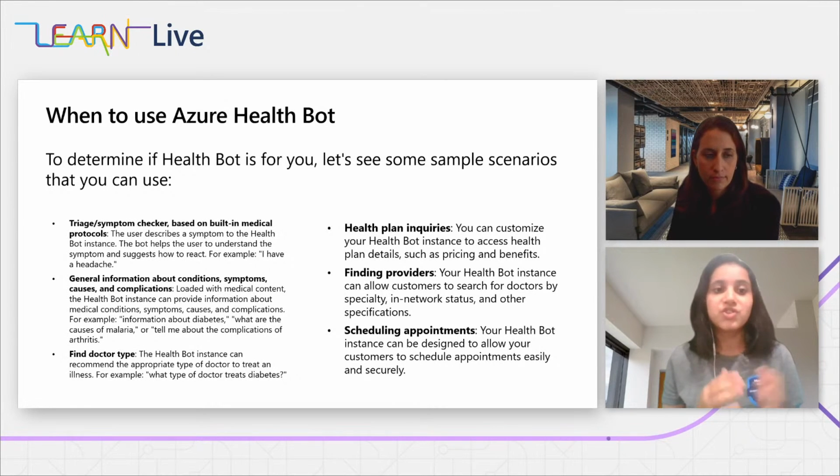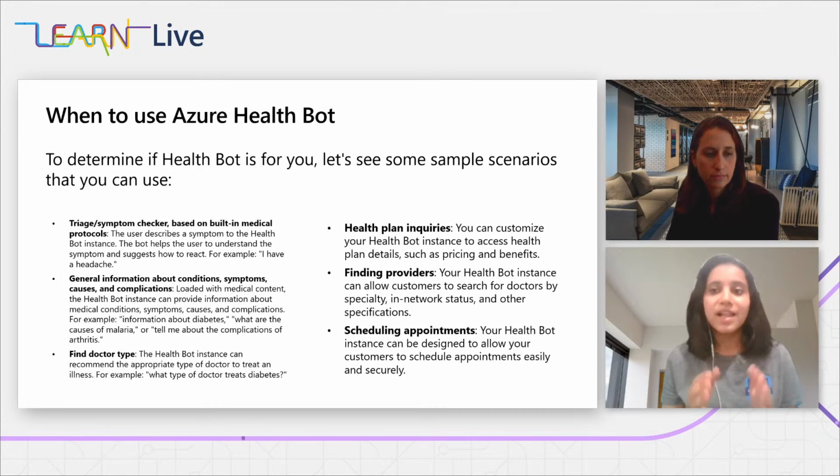Another one is general information about conditions, symptoms, causes, and complications. For example, if you want some information about diabetes, or you want to know what the causes of malaria are, or you want the bot to tell you what the complications of arthritis are.